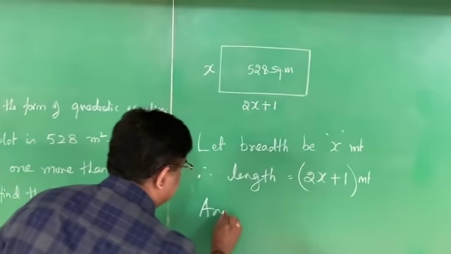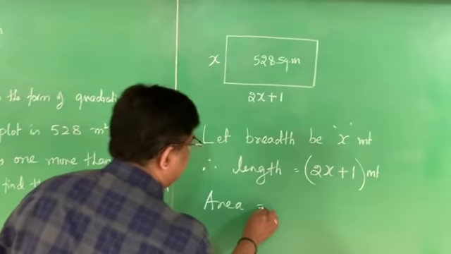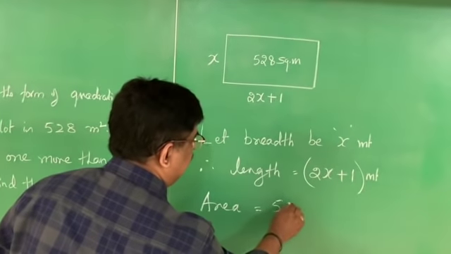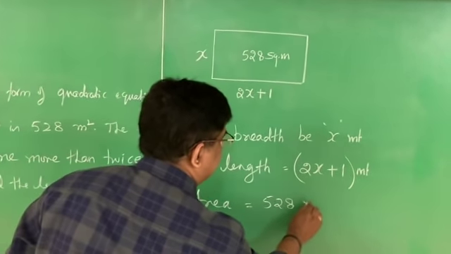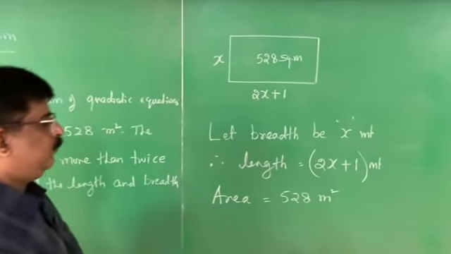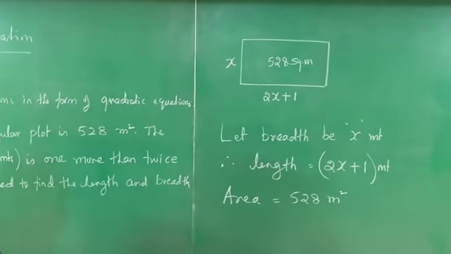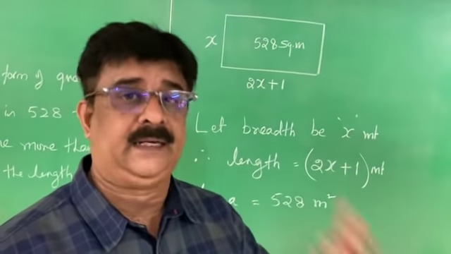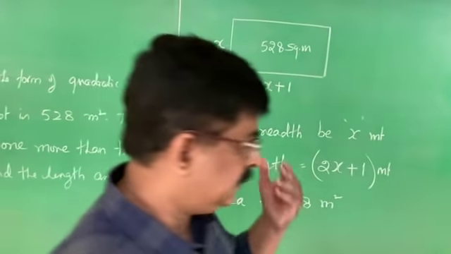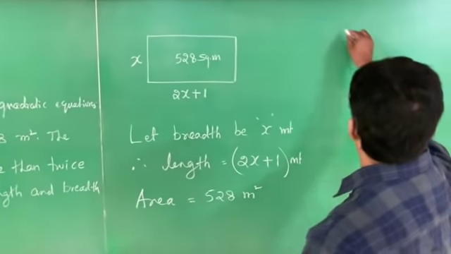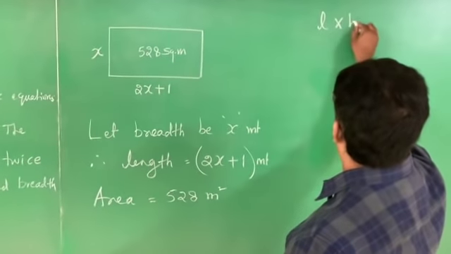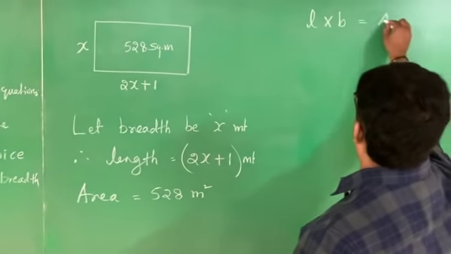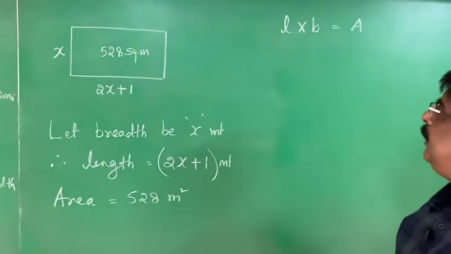Area is given as 528 meter square. We all know that area of a rectangle is length into breadth. Therefore, length into breadth is equal to area.